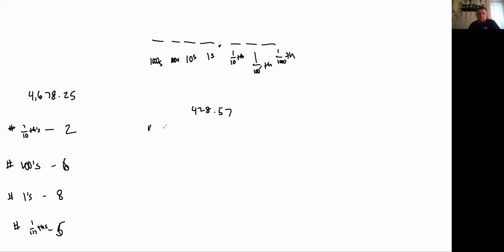So if I'm asked to round to the tenths place, you are looking at the number you're asked to round to. In this case, it's 5. And so what you do is you look at the number that is adjacent to the right of that place value. So I have a 5. I'm looking at the 7.